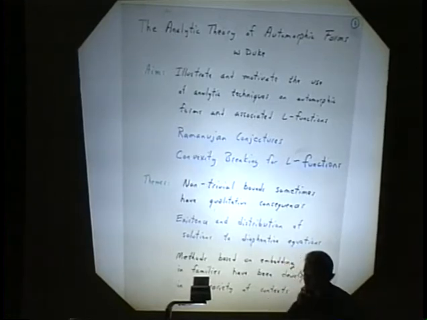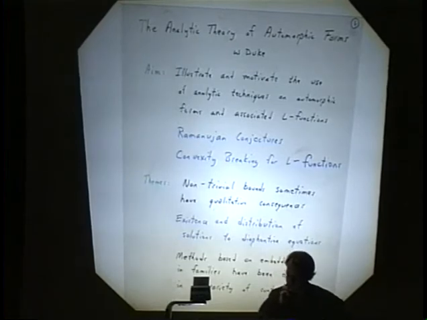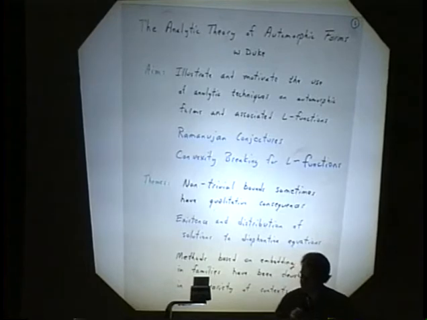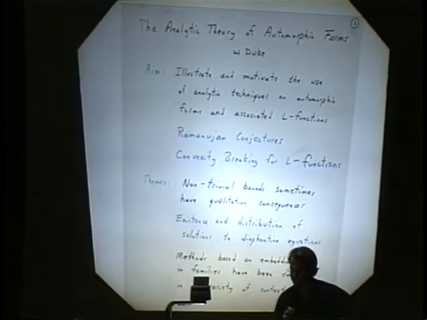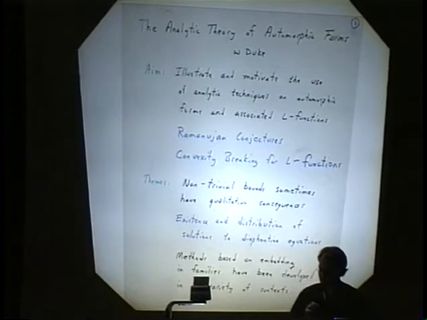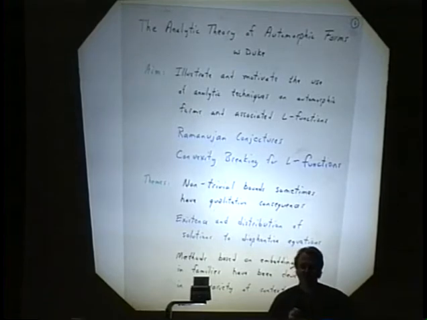One of the themes I want to concentrate on is to illustrate that even though there are fundamental conjectures about what should be true for these issues, sometimes just obtaining a non-trivial result toward what should be true actually has qualitative consequences, which are interesting, and I want to illustrate that.